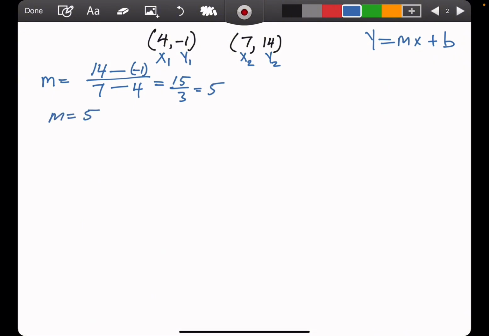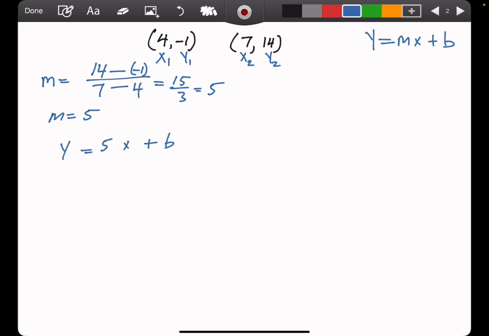So m is 5. Now we go back to y equals mx plus b. Let's set it up now. What is the m? 5.